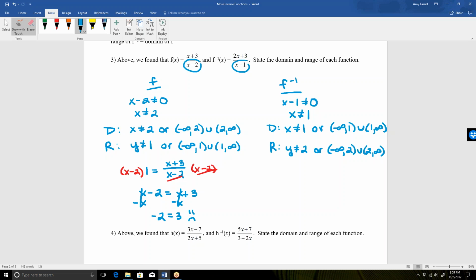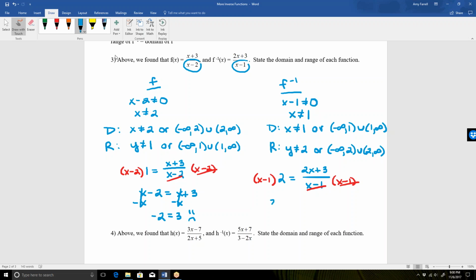Over here, same thing. y cannot be 2. Let's see why. This time I'm going to let 2 equal our inverse function here. And I'm going to multiply both sides of the equation by x minus 1. I am able to cross cancel here.